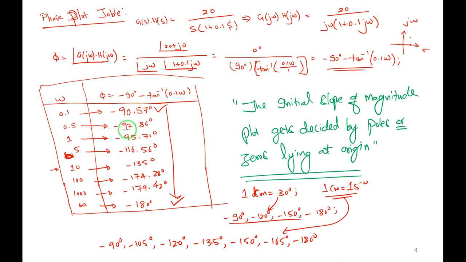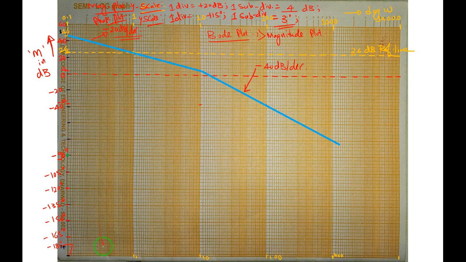Next, point 0.5. At point 0.5, minus 93. Let me round it to minus 93 because 92.86 means minus 93. So where is 0.5? 0.2, 0.3, 0.4, 0.5. This one is 0.5.